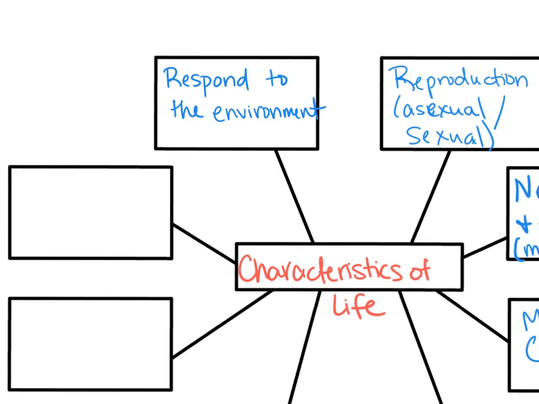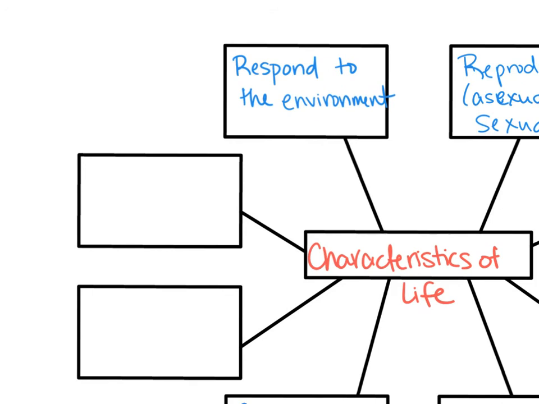Sweating is a response to a change in your environment, and the purpose of sweating, as you should know, is to bring your body temperature back down. When the sweat evaporates off your skin, it cools your body down because the water takes heat with it out into the atmosphere. So that is a response to the environment that also helps you to maintain an internal balance in your body.